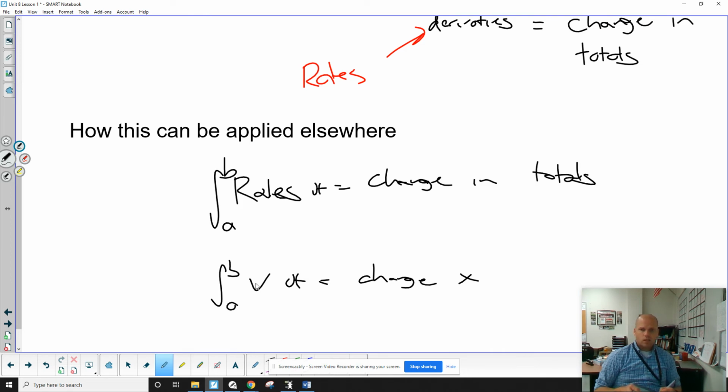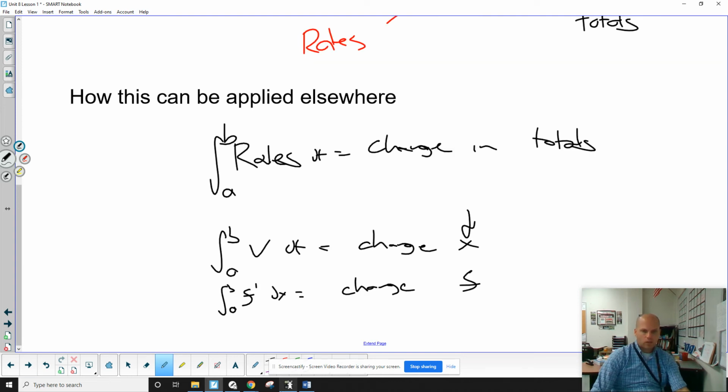Think of x as a function, a total. The area under its derivative is a change in our total. Areas under derivatives, we could use f prime, give change in totals of our original function.